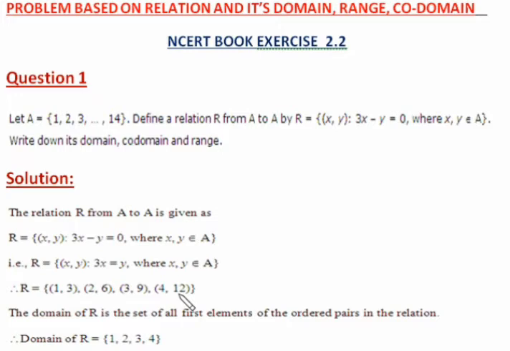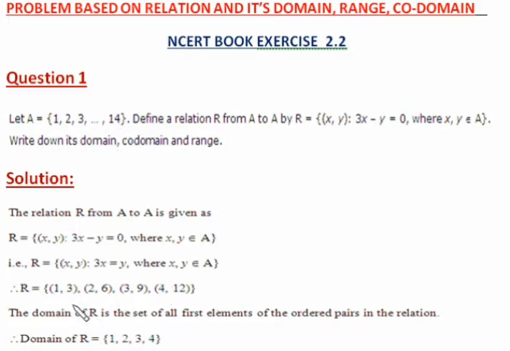Yes students, we stop here because we cannot take x equal to 5, because there is a restriction that x and y both belong to A. When we put 5, we get 15. That 15 does not belong to set A. That's why we close here.